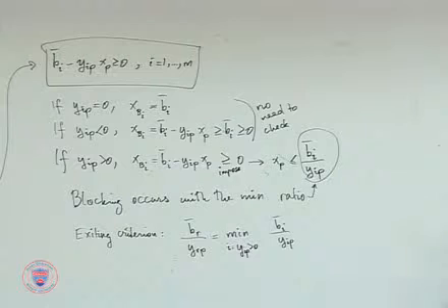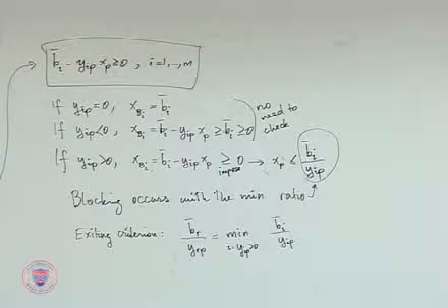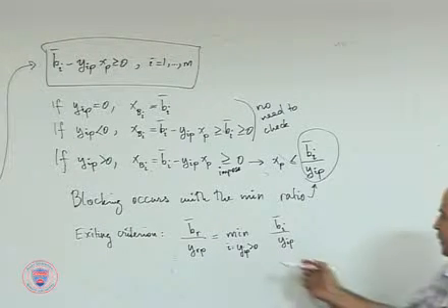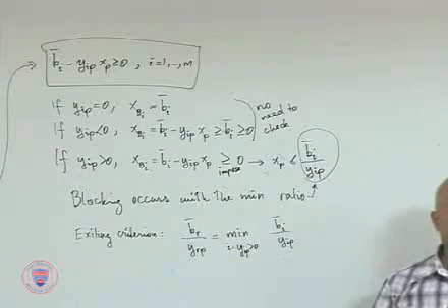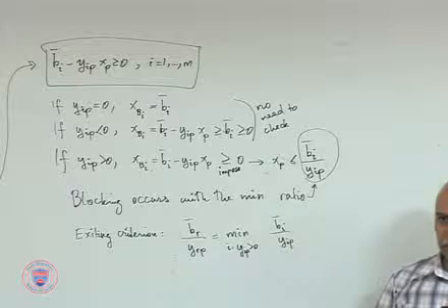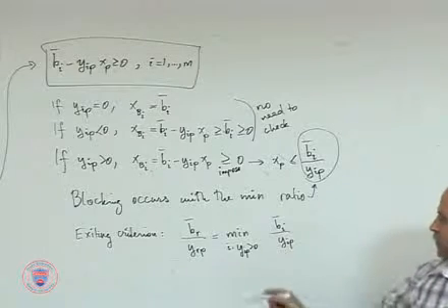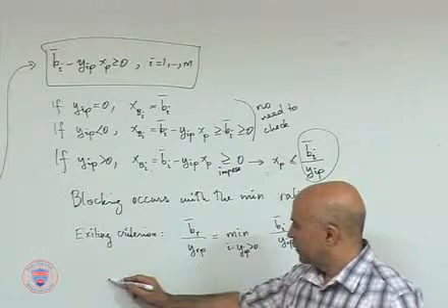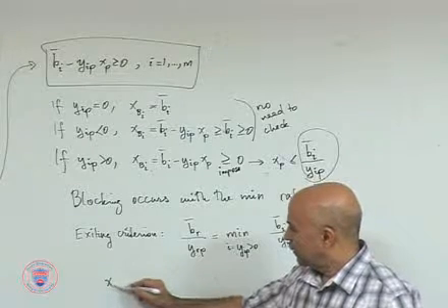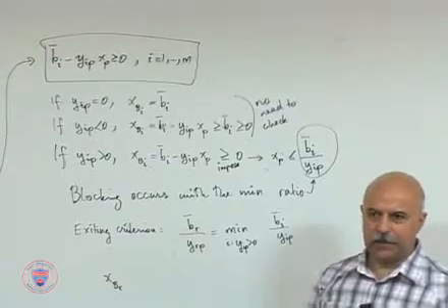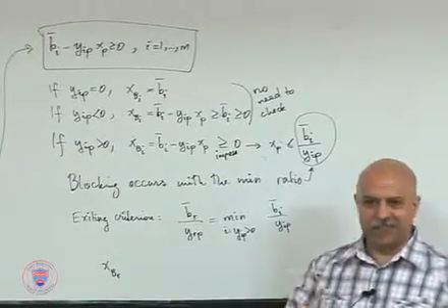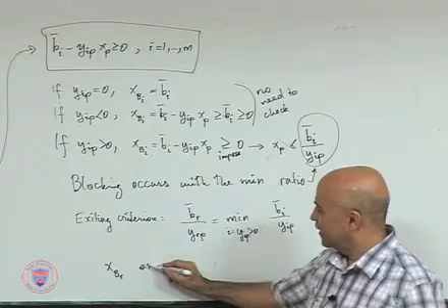Okay? So for the positive ones, you look at the ratios. Of the ratios, you choose the minimum. And a minimizing will be defined by some index r. If you have more than one such indices, fine. Just pick one. Okay? And so the rth variable, xb sub r, the rth one, not xr, but xb sub r, exits.